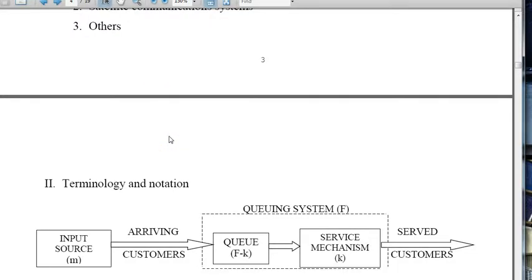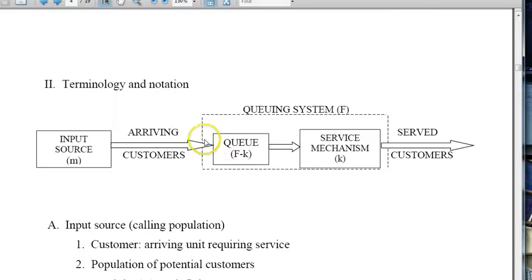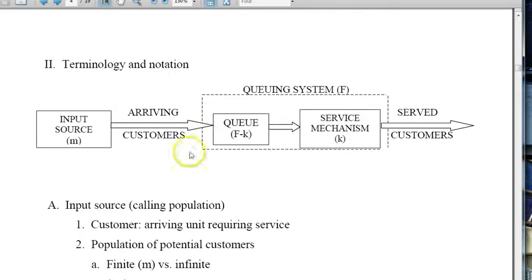Now, what are the basic terminology and notation for a queue? Here is a sketch for a queue, where first thing, our customers arrive at a facility where they receive service and leave. And the first thing is the input source, where customers arrive from. So this is the source where potential customers that go into the system. Think of a bank teller.